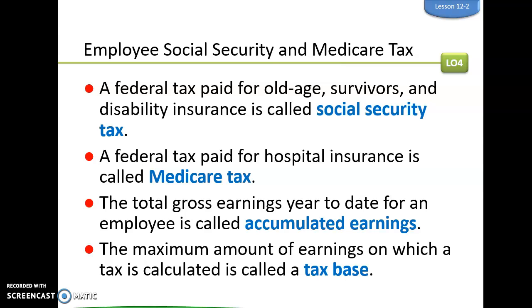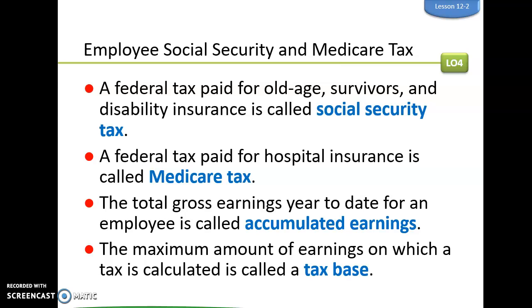Social Security and Medicare tax are paid by both the employees and the employers. So the employers are required to withhold and deposit the employee's taxes, and then they have to pay a matching amount of those taxes. So if my employer withholds $85 from my earnings, they must also pay $85 of taxes for a total of $170.